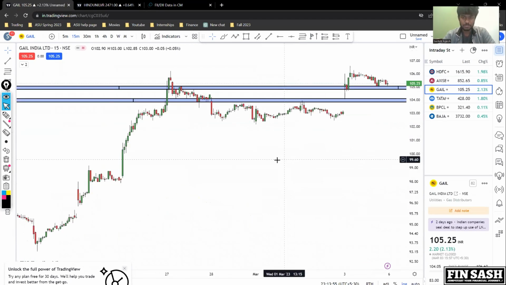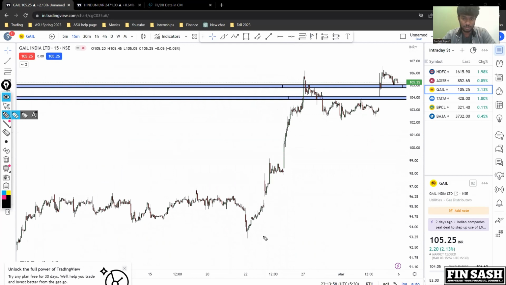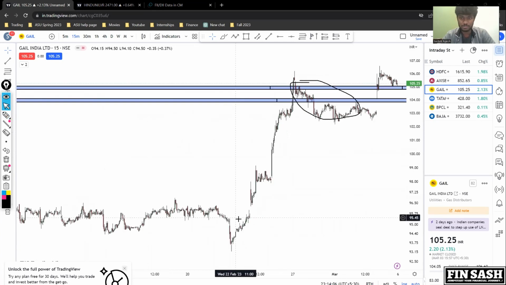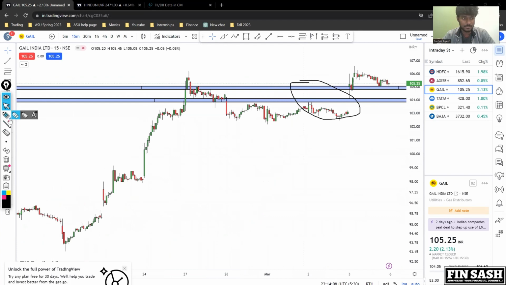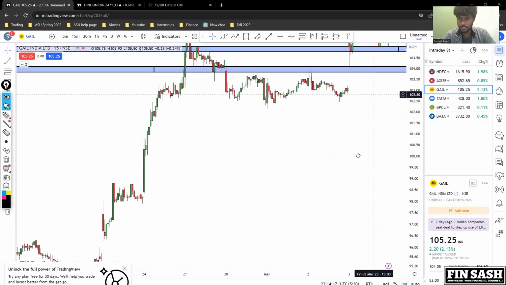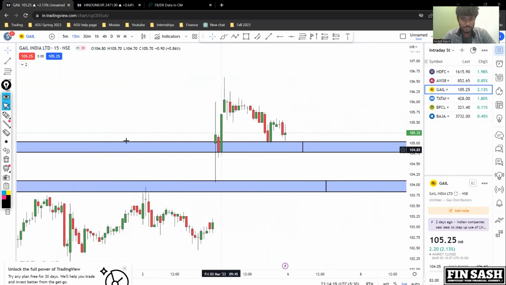All right, Gale. So Gale has been in a huge bullish run without any pullback. There has been a slight pullback here, but I wouldn't really consider this as a pullback. It's just more buyers coming in, so a sideways kind of market. But over here in the recent price action, there's been a slight down move.